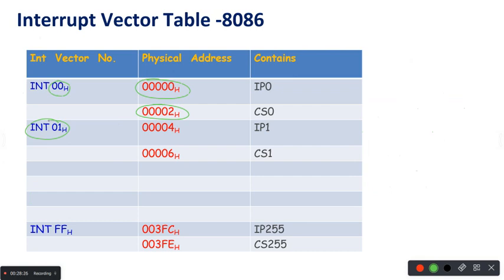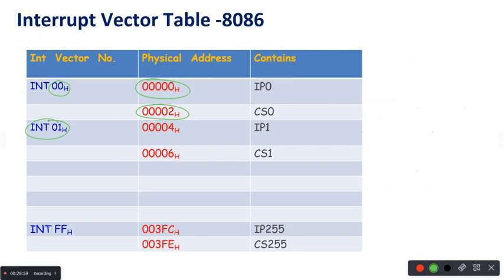Now, when you come to the last interrupt, FFH, its corresponding IP is 003FCH. Corresponding code segment is 003FCH. So in this code segment and instruction pointer, the interrupt service routine corresponding to this interrupt, interrupt 256 we say, is available.